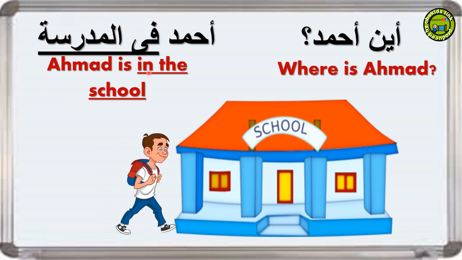As you can see, we show where Ahmad is, and fil madrasati is describing where Ahmad is. في المدرسة means in the school. Because in the question, we are asking about where Ahmad is. And in the reply, we must show where Ahmad is, which happens to be in the school.